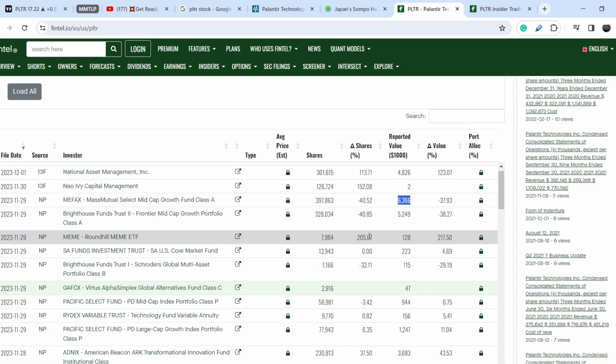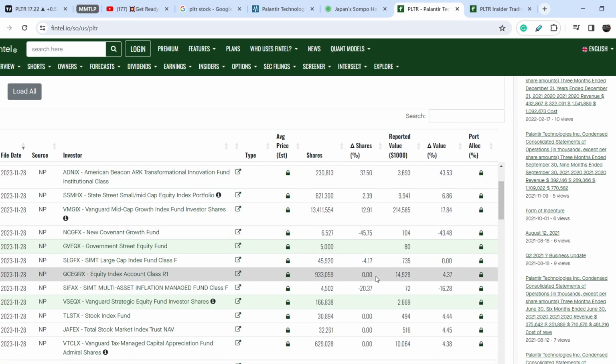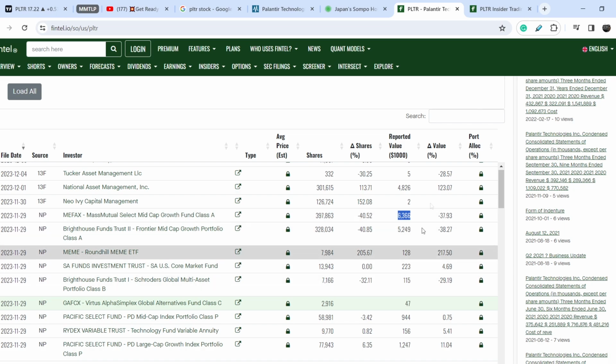But if you take a look at the bigger picture of the institutional investors, we have a lot of mixed filings. Some companies opened a new position in Palantir, like Vanguard. Some of them reduced their position or rebalanced their positions.